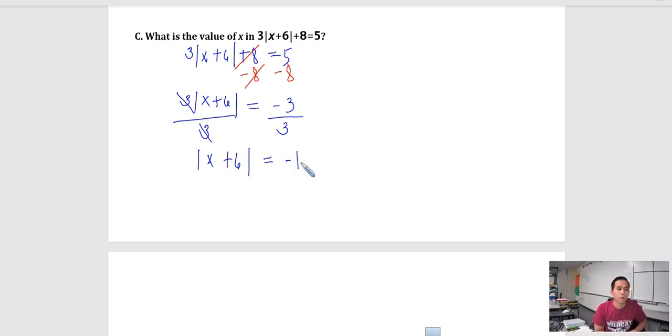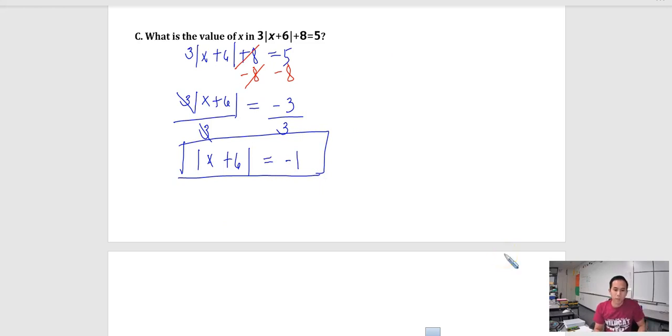Okay, so from there, you have to solve for x. So from here, we are now going to solve for x, but it is equal to a negative number.